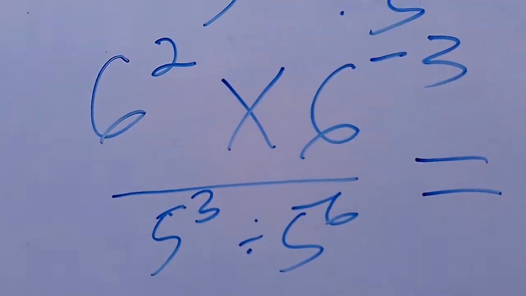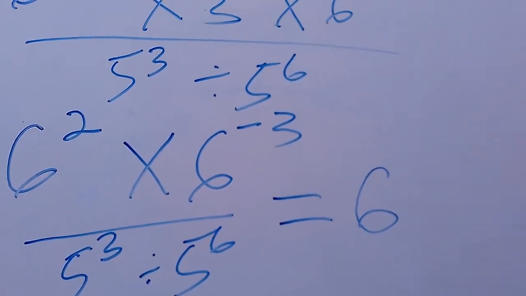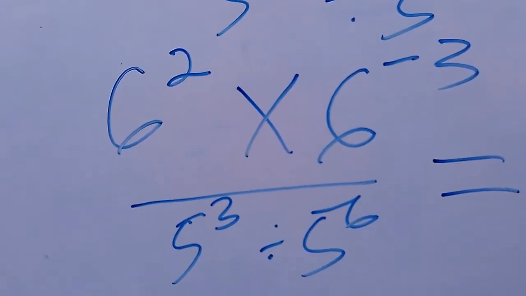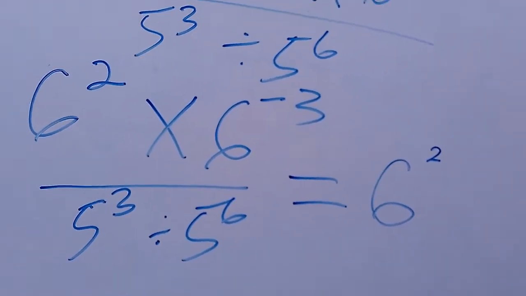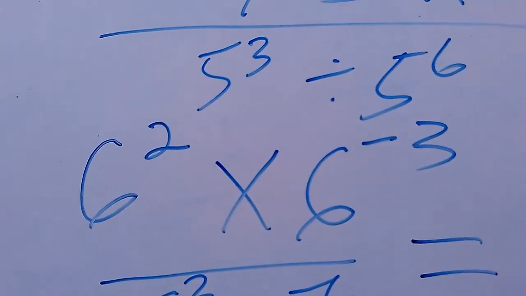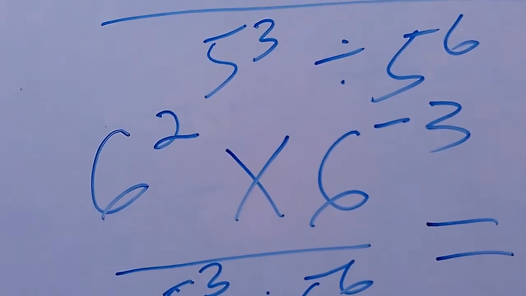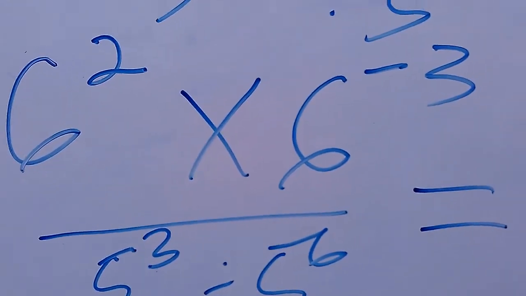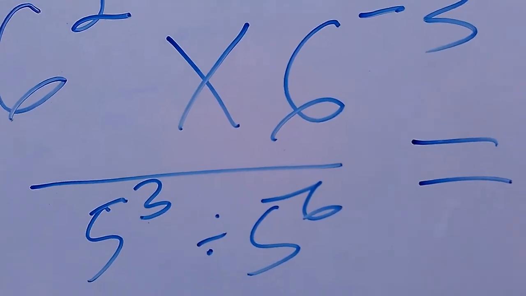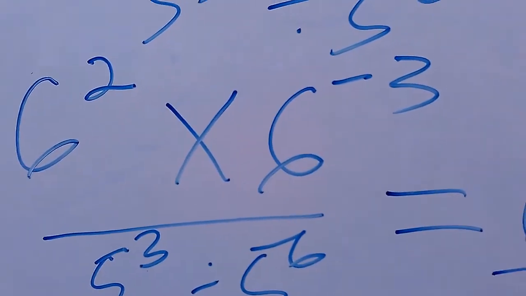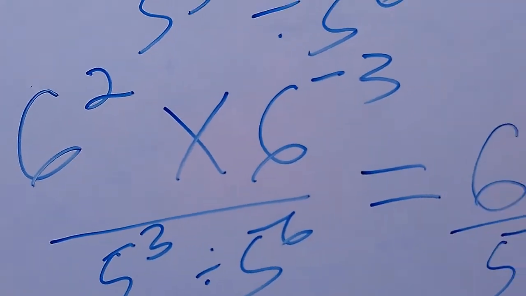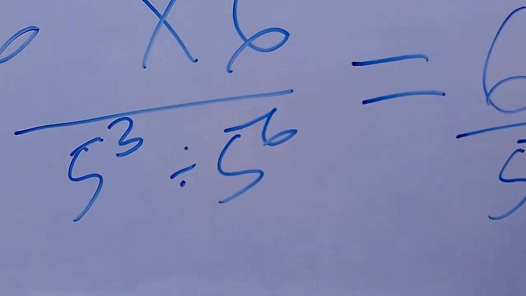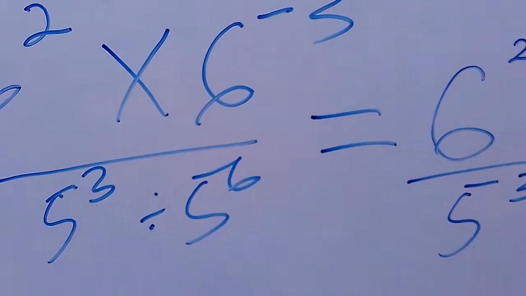We now have 6 here, 2 plus minus 3 all over 5, 3 minus 6.